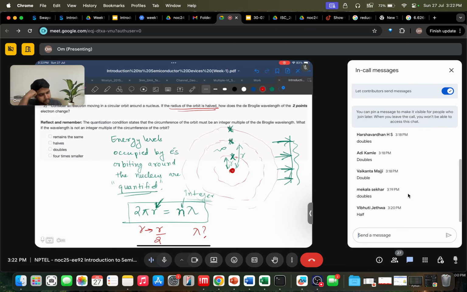If r changes to r/2, then according to this relation, λ will also change to λ/2. So the answer is that it halves. But what will happen to this factor n, the integer n?